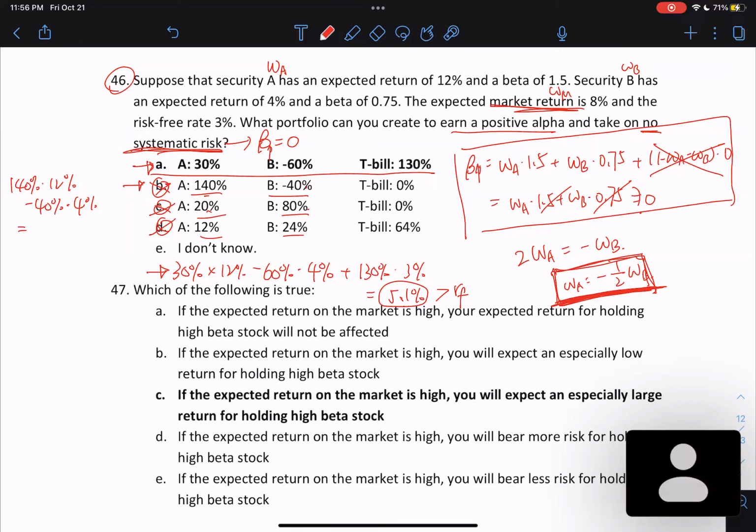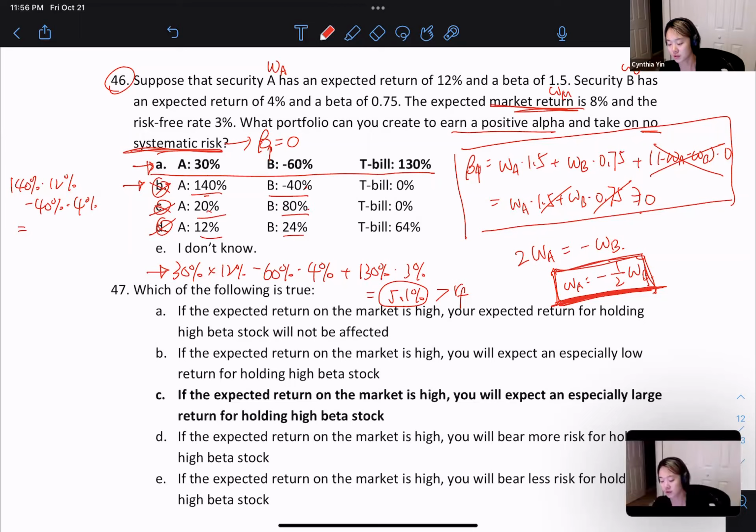So do we need to know how to calculate the alpha? Yeah, you need to know how to calculate the alpha, of course. Let me give you an example with B. The B portfolio's expected return is 140% times 12% minus 40% times 4%. This is 15.2%, right?